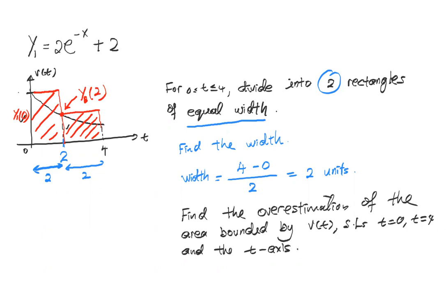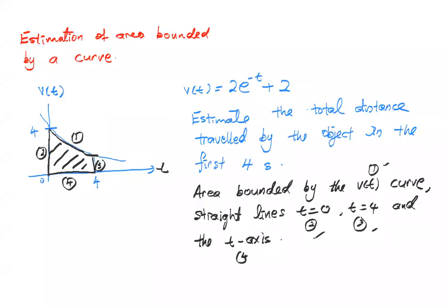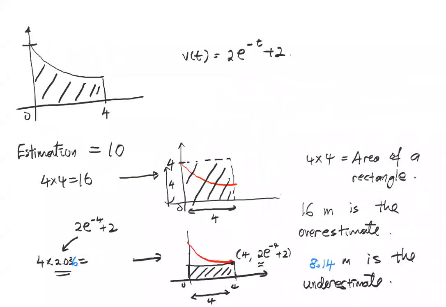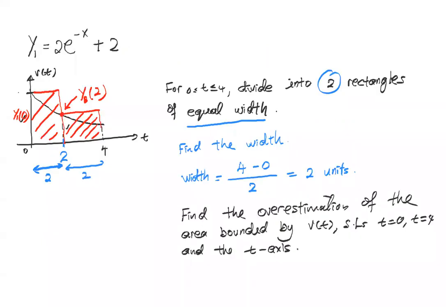So if I sum up the area of these two rectangles, will it be more than 16 or less than 16? Definitely less than 16, am I right? Because we didn't include this part.